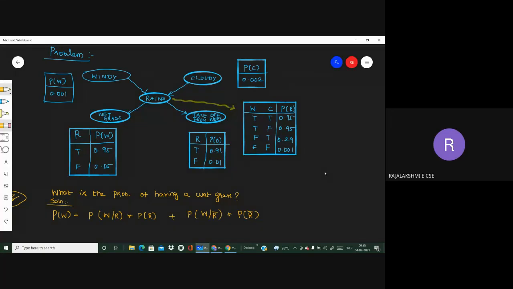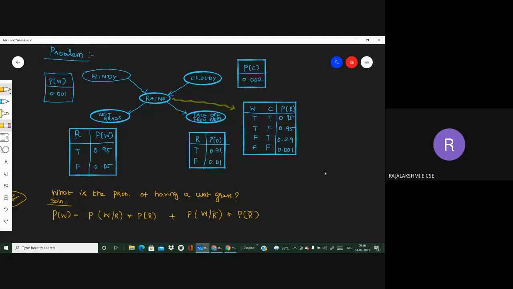When the rain is false, the probability of wet grass is 0.05. So this is actually conditional probability, where it rains or does not rain. And for leaving from work, when it rains, what is the probability of leaving work? When it is true, it is 0.91, and when it is false, it is 0.01.